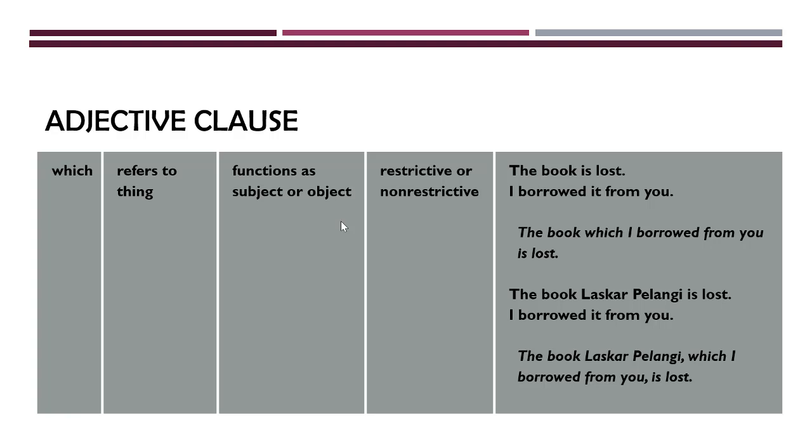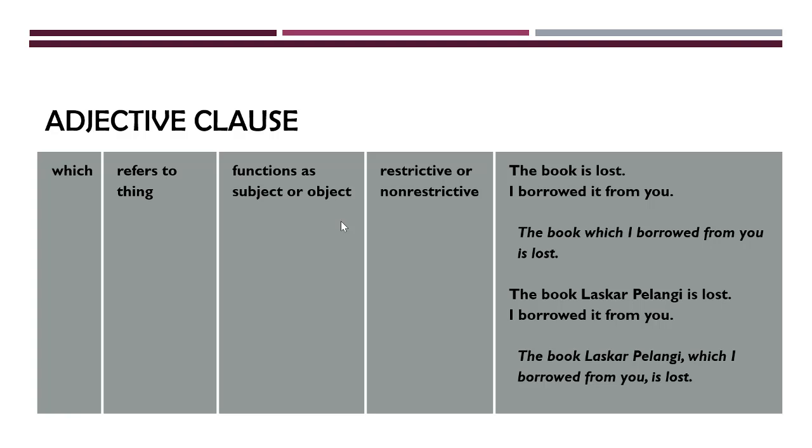Which I borrowed from you is necessary information because we do not know what book it is. That's why it is very important to know, so commas are not needed. For the first example, because it is important information to know, which I borrowed from you is considered restrictive.